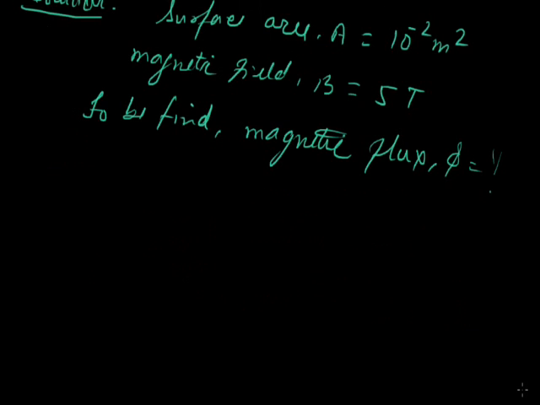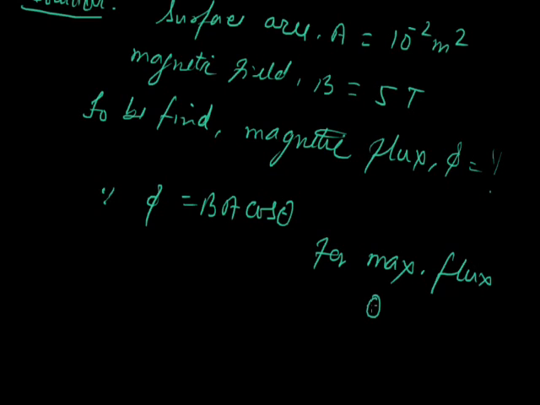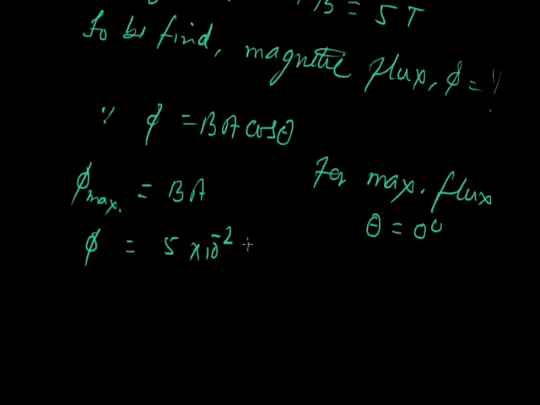Because phi is BA cos theta, for maximum flux theta will be 0 degree. So phi maximum will be BA, or phi will be 5 into 10 raised to the power minus 2 Weber.